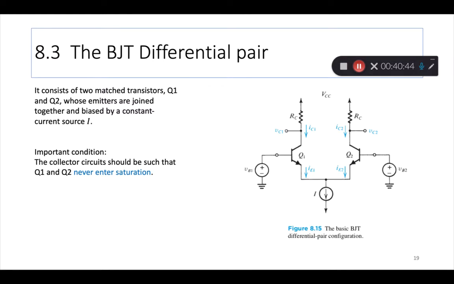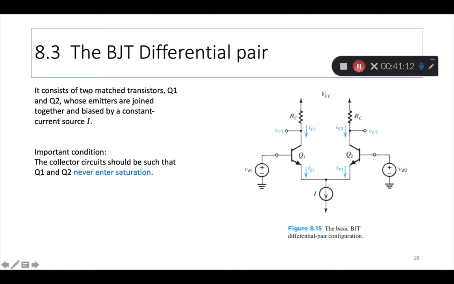So I feel you should be at least aware of the similarities and the differences compared to the MOS differential pair. Okay. All right. So looking at the circuit drawing of a differential pair made up of two NPN transistors. Same definition.